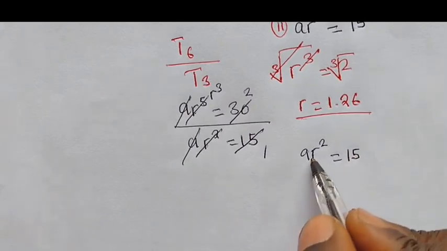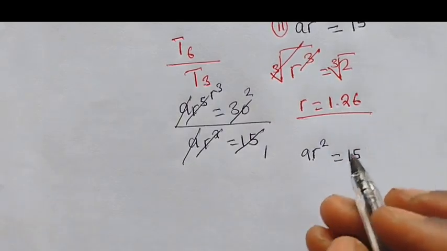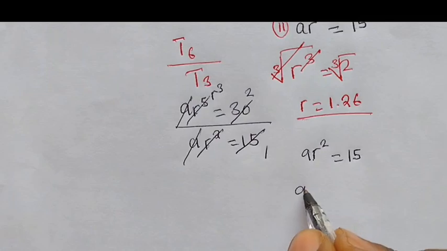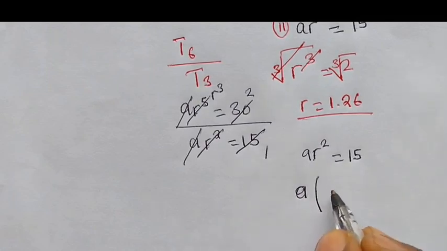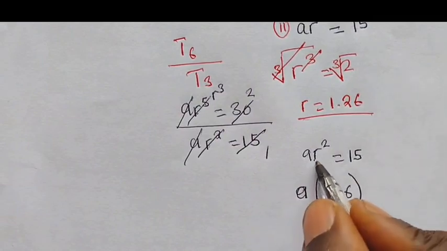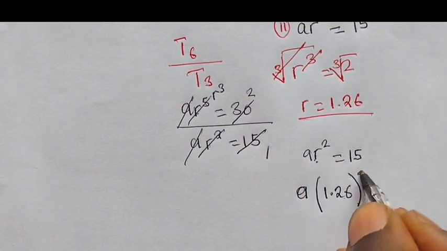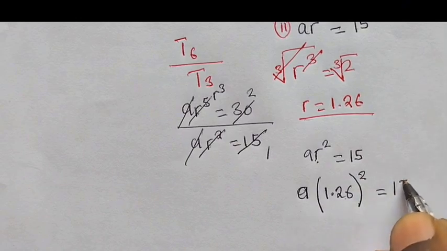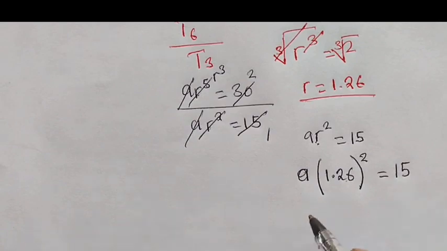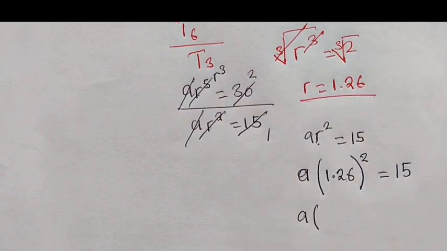So we have found the value of r to be 1.26. So where there is r, we'll put the same value. So we write a, open bracket, 1.26, where there is r, I've substituted 1.26, squared, is equal to 15. So from here, what you are going to do is you say a, open bracket, then we find the value of 1.26 squared.